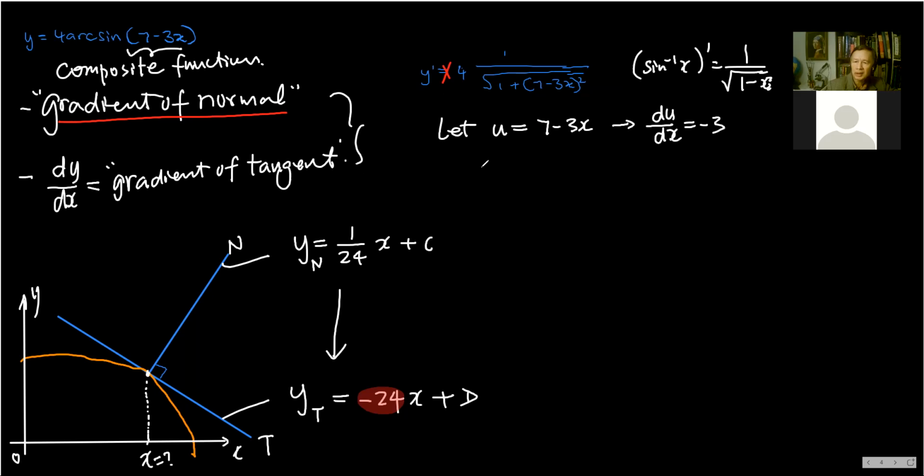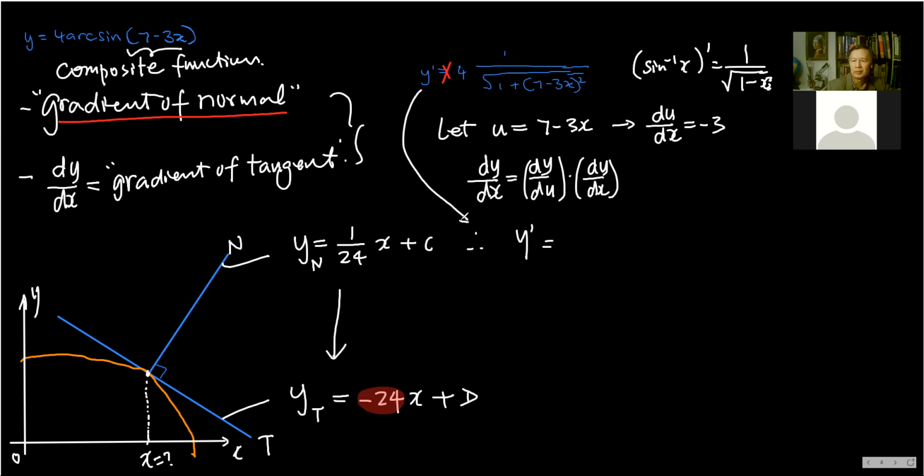According to the chain rule, dy/dx equals dy/du multiplied by du/dx. That's why you would never forget this -3. So you can try it again.